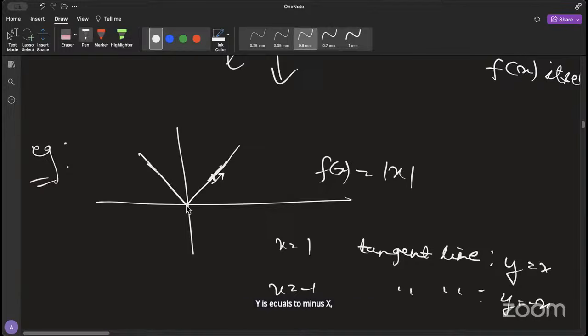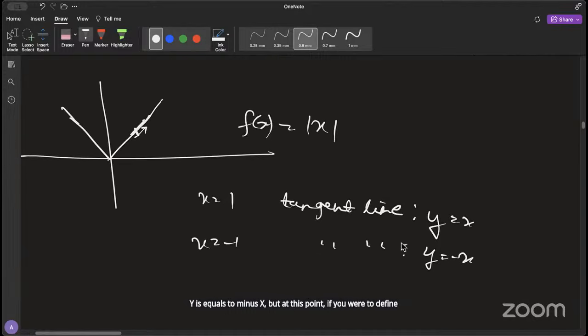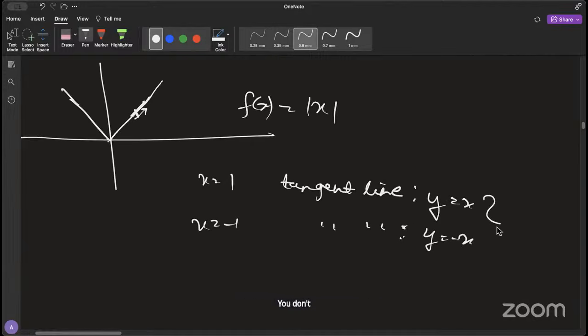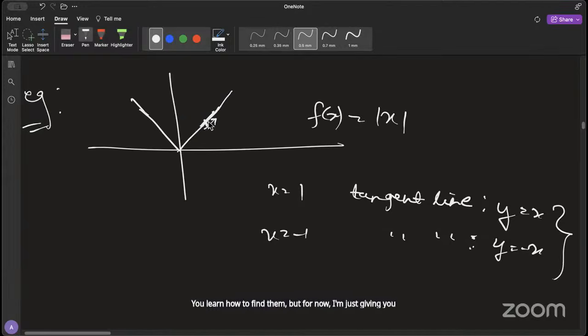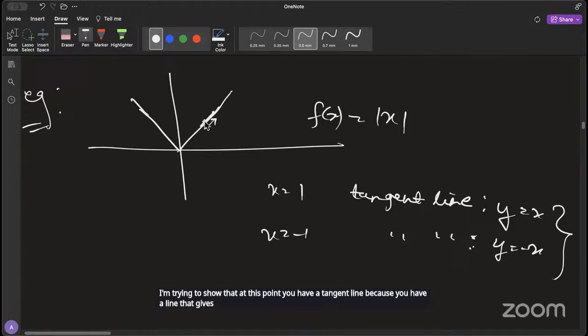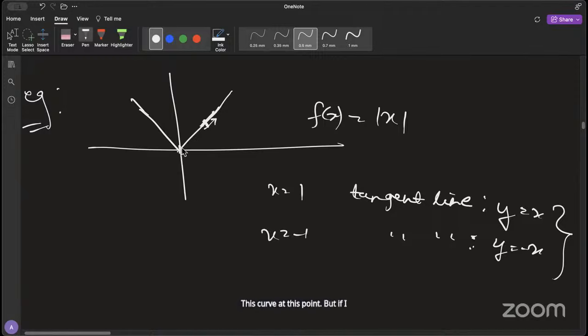But at this point, you don't have to worry about these lines. You will see how you get the tangent lines later. You learn how to find them. For now, I'm just giving you an example to show that at this point you have a tangent line, because you have a line that gives the direction of flow of this curve at this point. But if I were to choose this point, your (0, 0) point, then what's the direction of flow at this point?